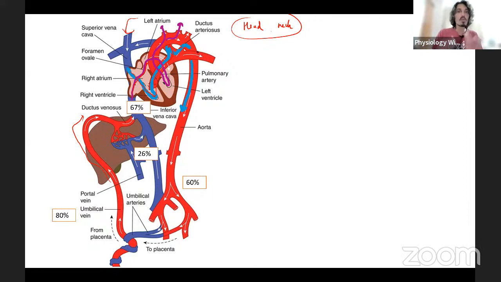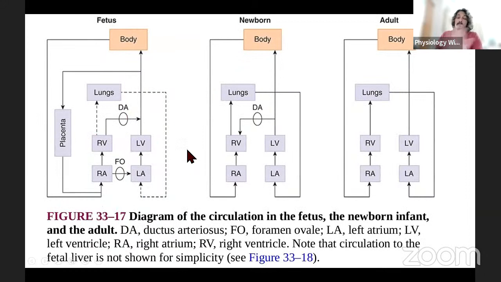So the trunk and the lower part of the body will actually receive more deoxygenated blood. And with that, you see that this is coming to around 60% saturation. And it will eventually be taken by your umbilical arteries, where it will now go back to your placenta.